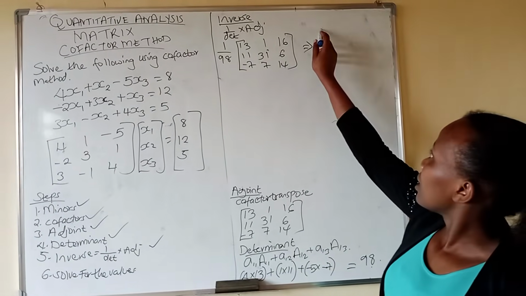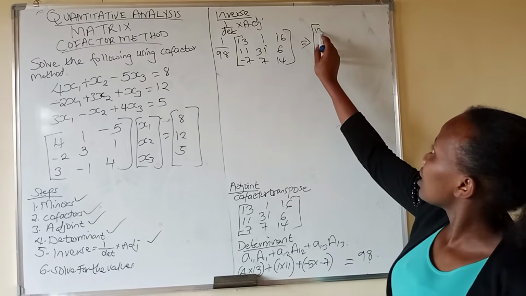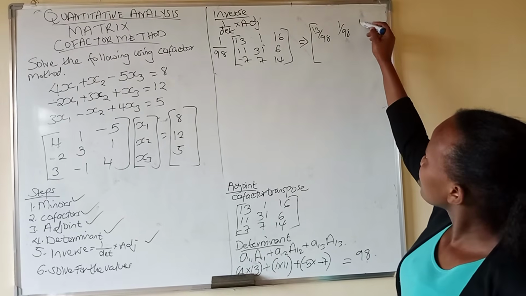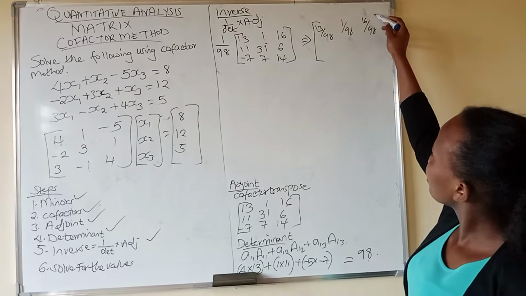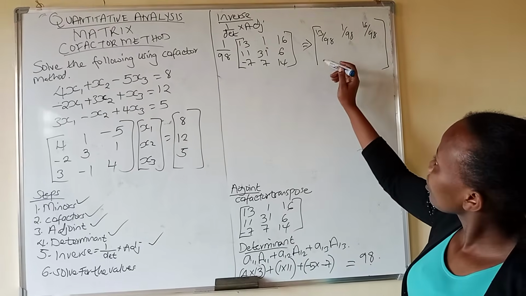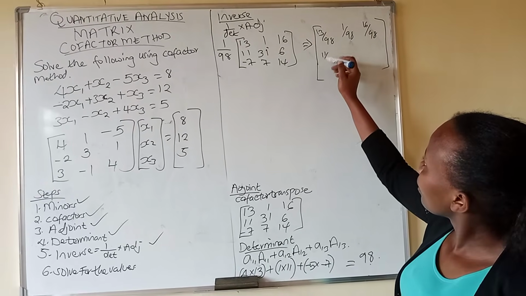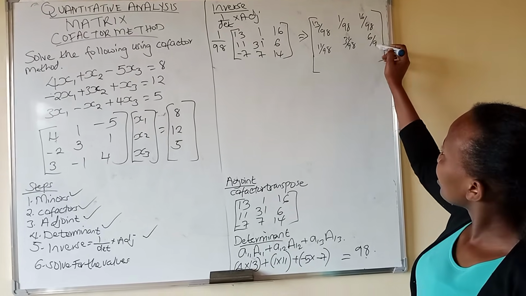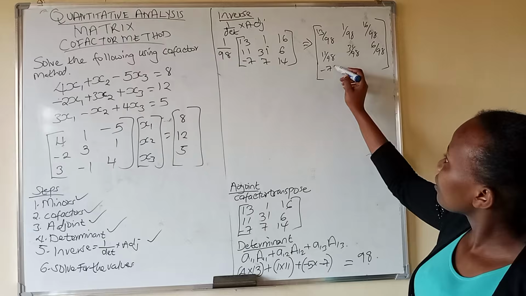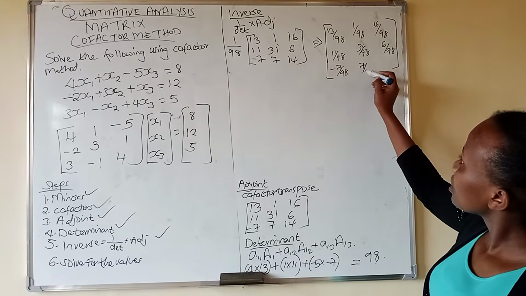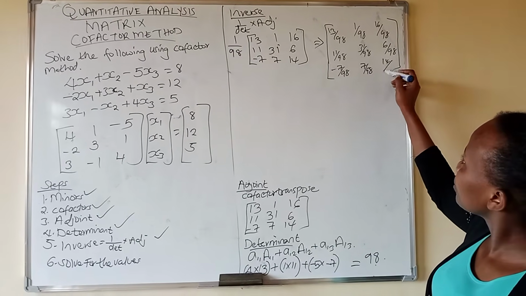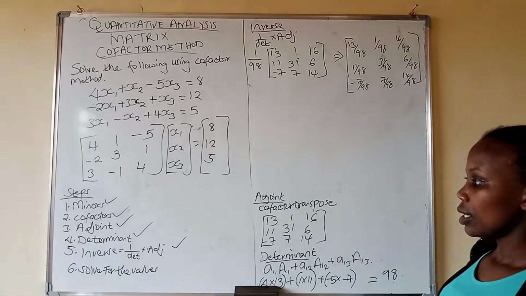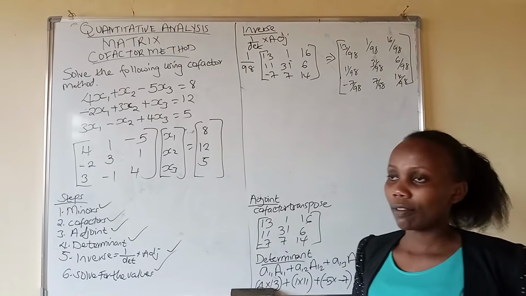So, getting the inverse, we are going to get it as 13 over 98, 1 over 98, 16 over 98, 11 over 98, 31 over 98, 6 over 98, negative 7 over 98, 7 over 98, and 14 over 98. Those are the inverse.